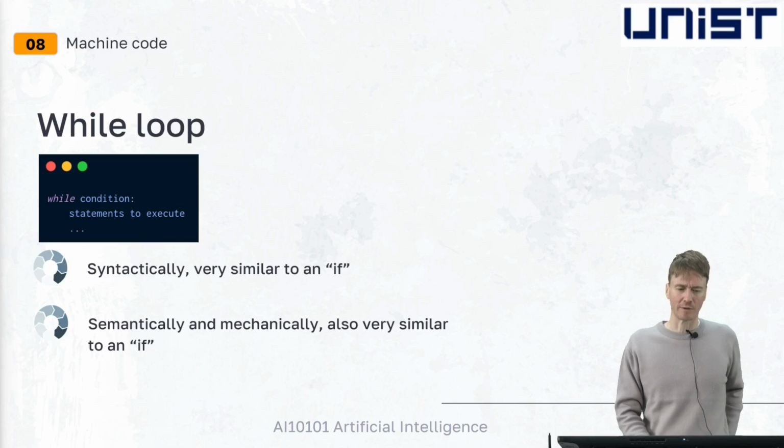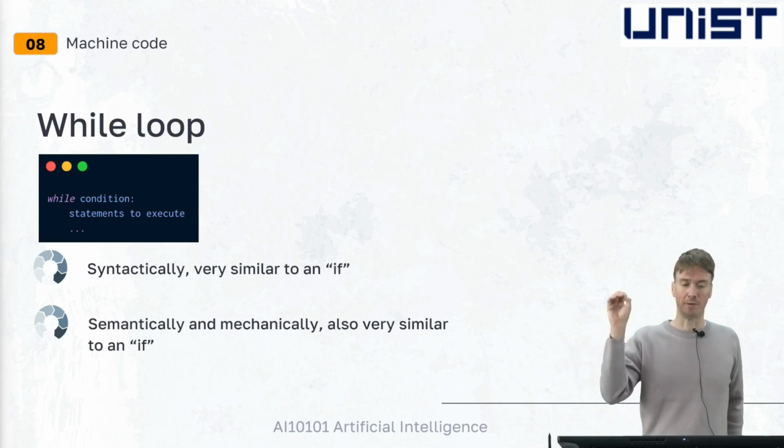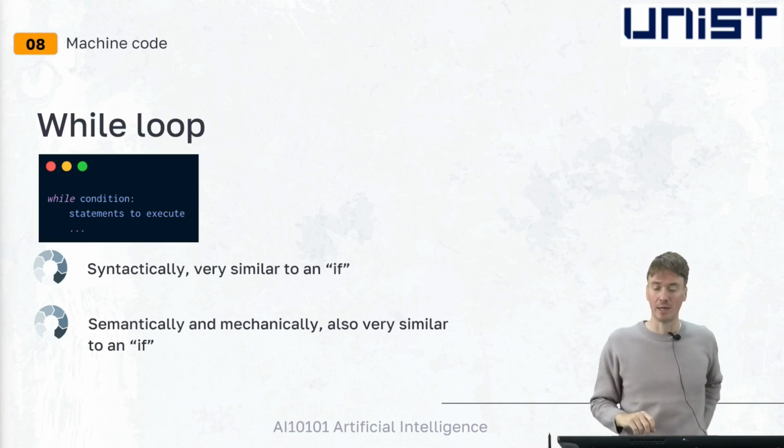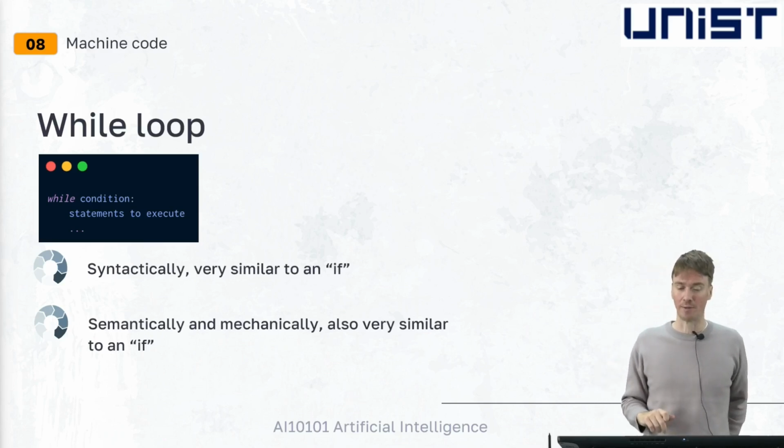The syntax for a while loop should look quite familiar because it looks almost exactly like an if statement. Before we talked about elses and elifs, we just had a simple if, condition, and then statements. That's what a while loop looks like, except that it uses the word while instead of if.